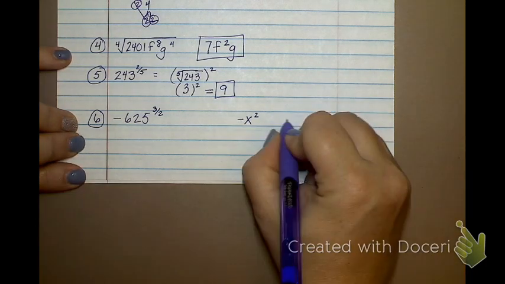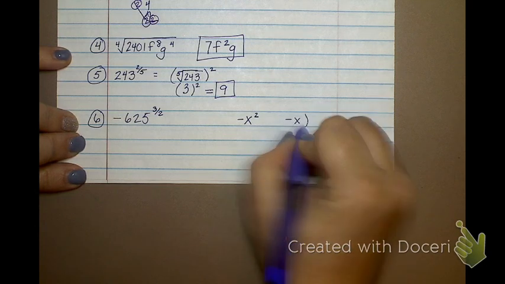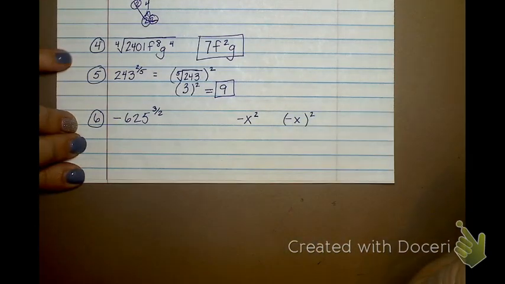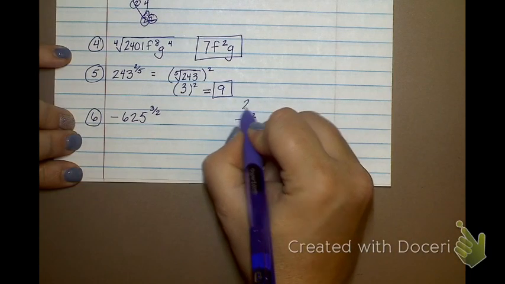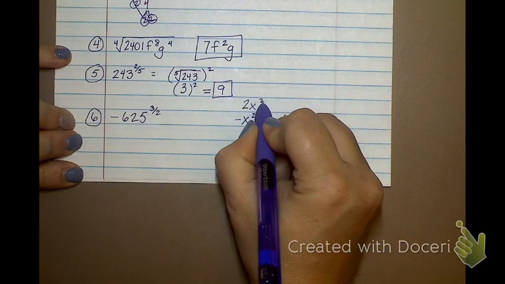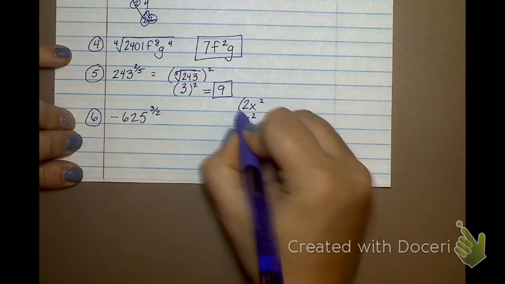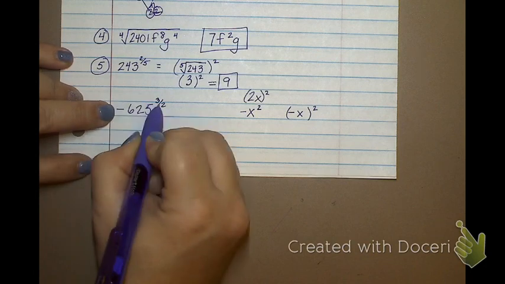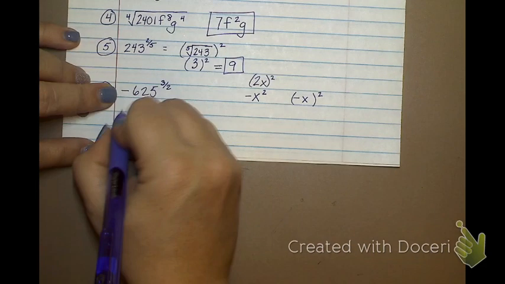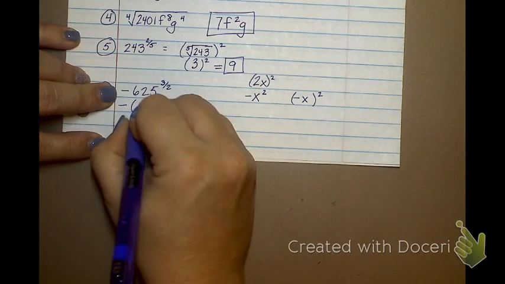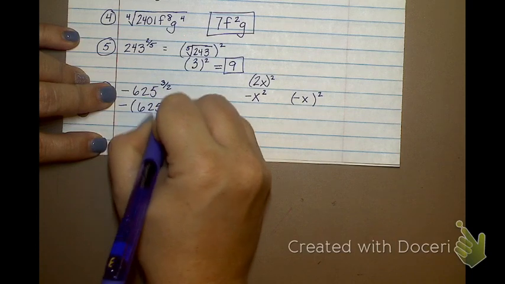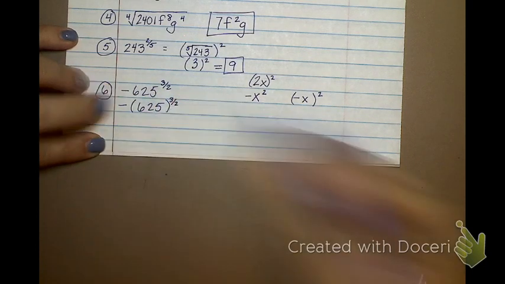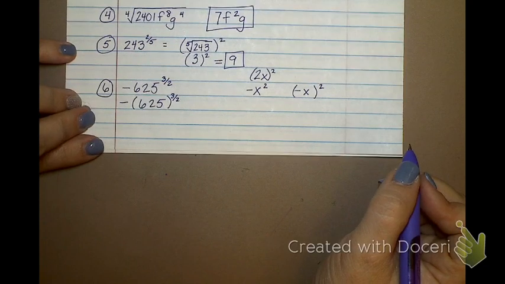If that negative sign is being squared, it has to be in parentheses like that. Right? Just like if you had a 2x squared, that 2 is not being squared unless it's in parentheses with the x. So is that negative sign getting that exponent? No. So I really have negative 625 to the 3/2. And that negative sign is just going to stay out in the front the whole time.